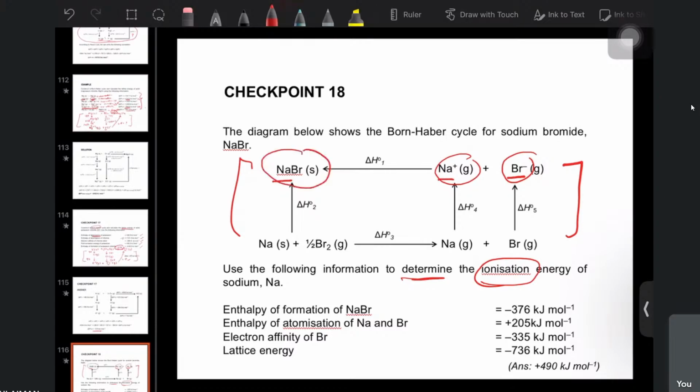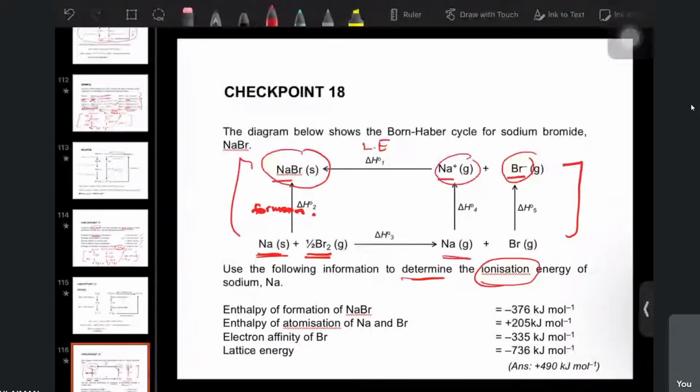What is this actually? Lattice energy. Yes, this one is the lattice energy. If formation, which one? Formation is this one: Na solid, half Br2 form NaBr. This one is the formation.